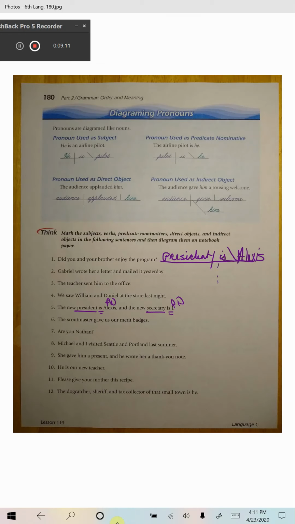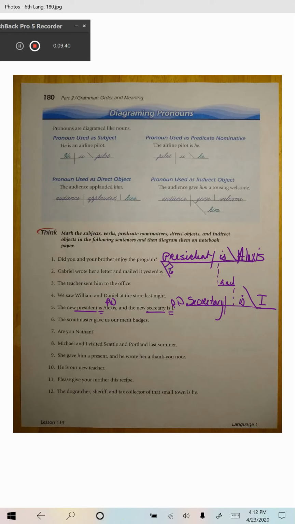So we make a little dot, couple dotted lines, go over, down, and keep it in the verb. Secretary is I, another predicate nominative. That's what you have to diagram.